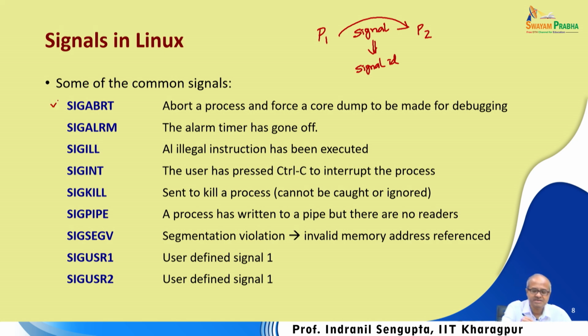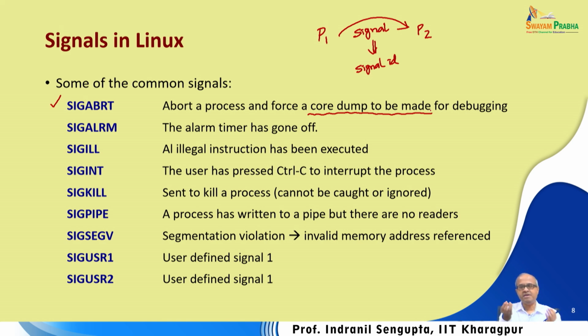One is SIGABRT. Sometimes you want to stop a process forcibly, you can send a SIGABRT signal to that process. The process will be aborted and something called a core dump will be generated. Core dump means whatever is the content of the memory during the execution will be dumped into a file on the disk.